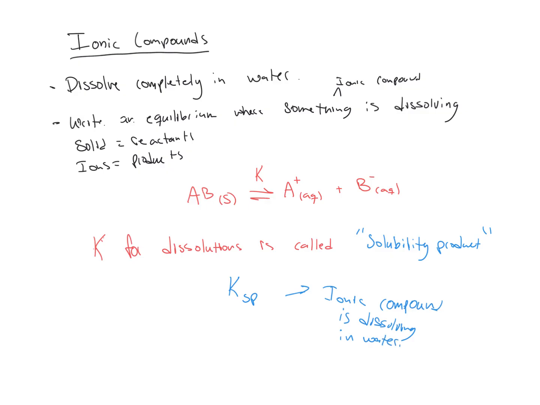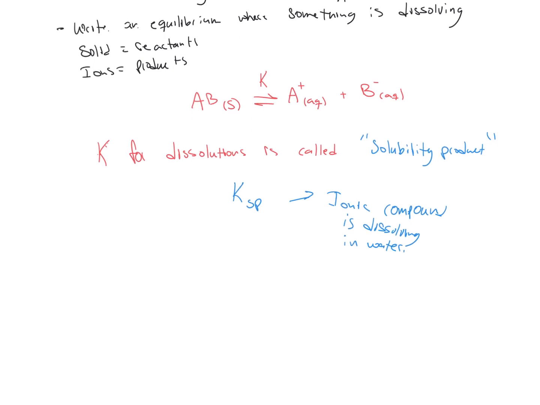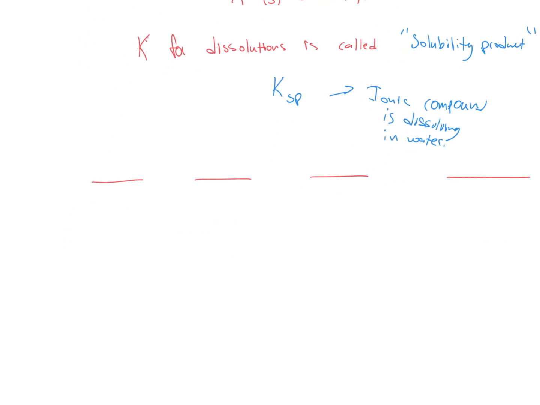So if you're dissolving something, it has a very special equilibrium constant, and that is a solubility product. Let's look at two examples of what this looks like, because all solubility product equilibria look pretty similar. Let's say I have barium sulfate. This is a solid. I then dissolve it in water, and it has this equilibrium: Ba2+ aqueous plus SO4 2- aqueous.